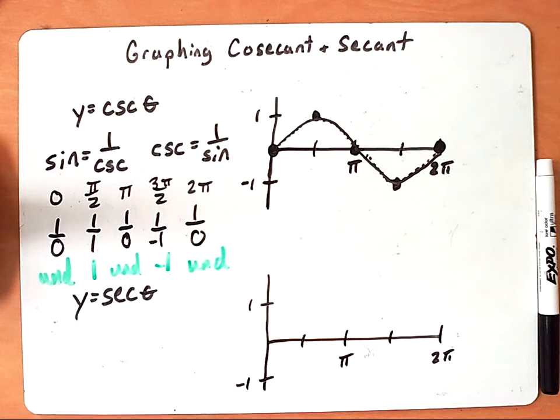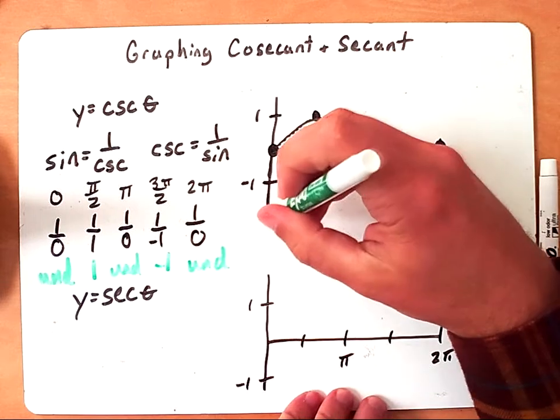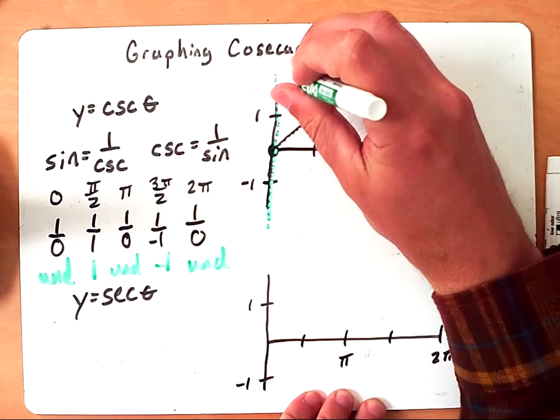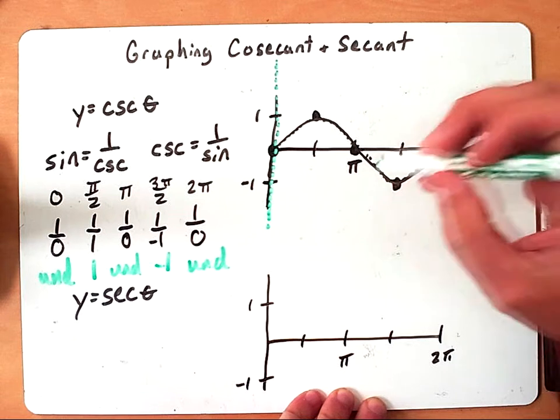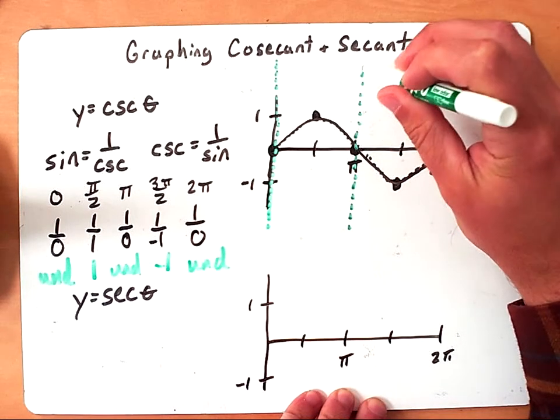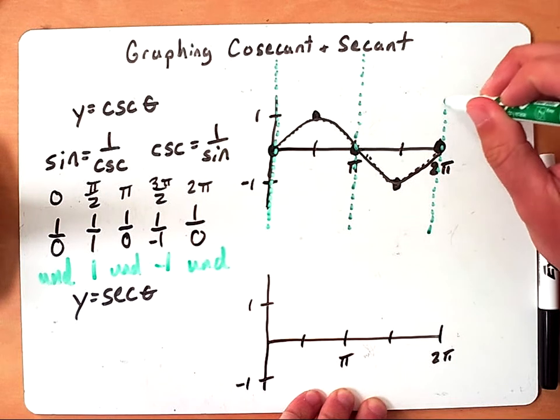So what I'm going to have is a graph with 3 undefined marks and then a 1 and negative 1 point. If we were to graph undefined, this is going to be a vertical dotted line that we call an asymptote. We'll have one of those at 0, at pi, and at 2 pi.